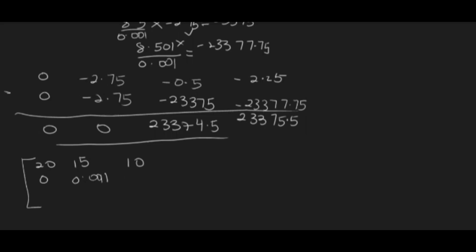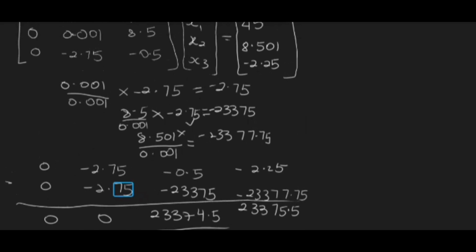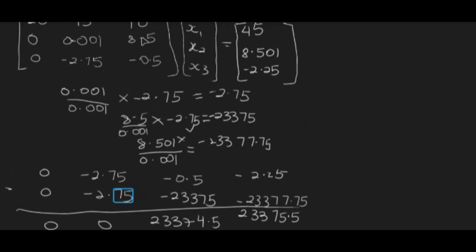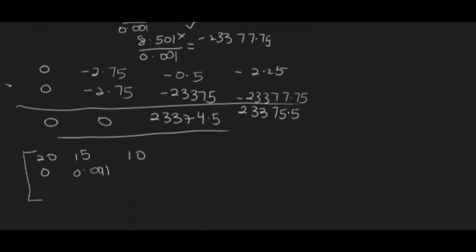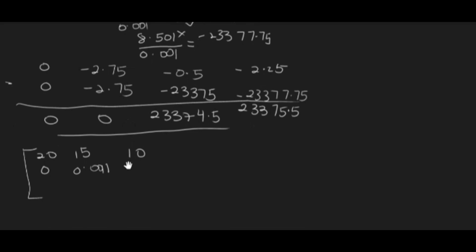Then the third part was 8.5, right? Yes, you write that one too. Then here is 8.501. So 8.5 is going to be here.